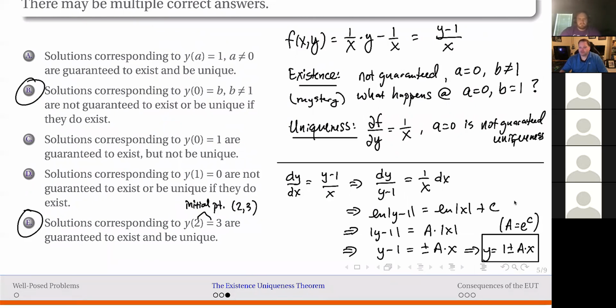A straight line, but more specifically, every single line will pass through what point? Yeah, 0, 1 in particular. So these are all lines with variable slope passing through a y-intercept of 1.